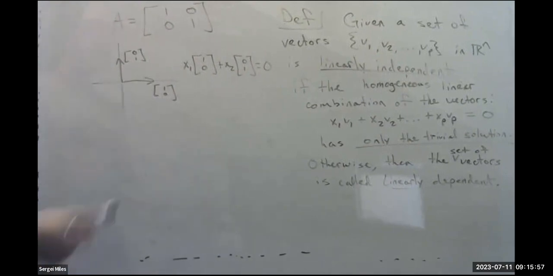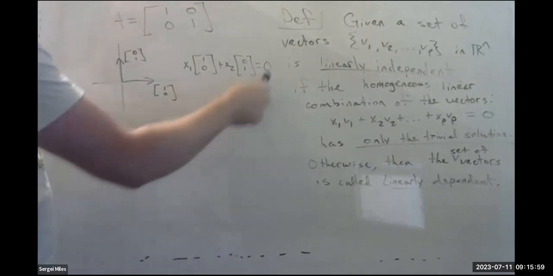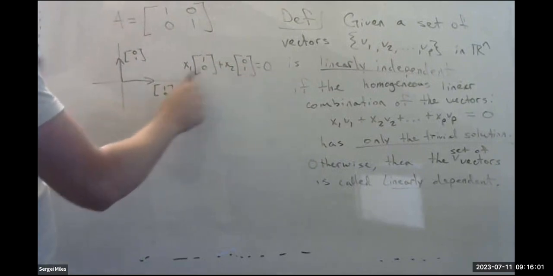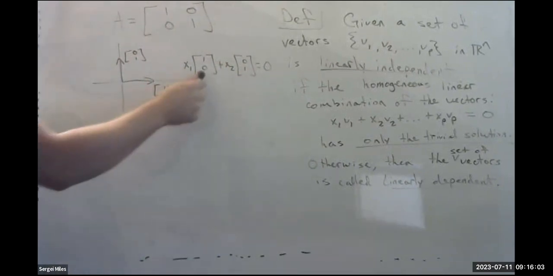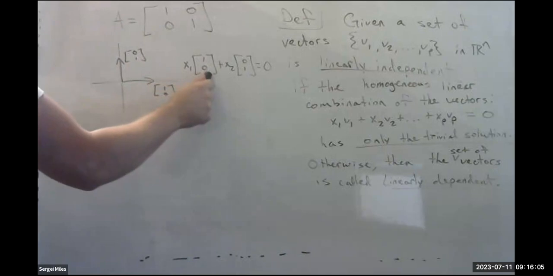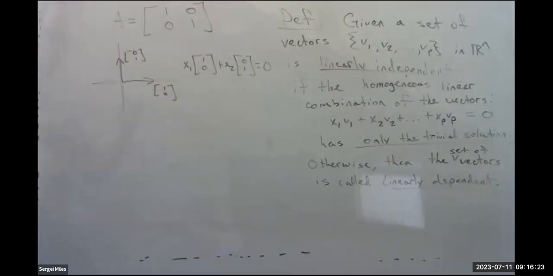Why? Is there any way I can add these vectors together to get 0 without multiplying by 0? Well, if I multiply this first vector 1, 0 by something, I have a 0 here in the second column, so it's not going to be possible for them to cancel each other out, right?